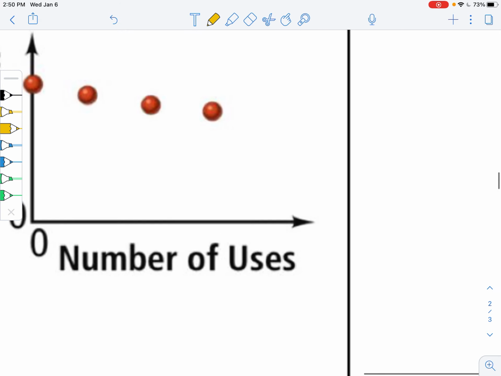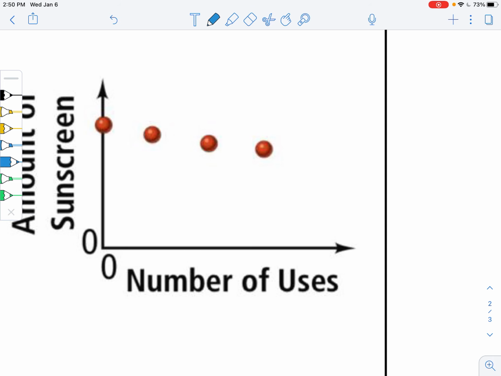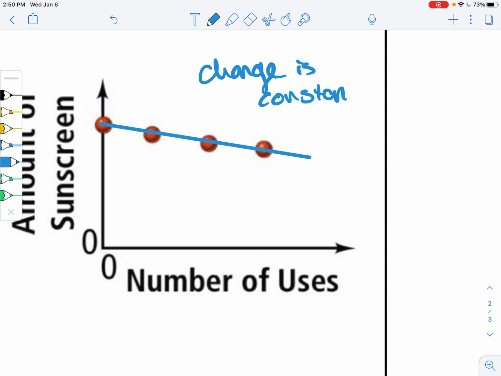Cool. And then here, what do we have? Here we've got, well, we just said it's almost consistent, we'll call it constant. So that change is constant. And here at the end, there's a lot left.